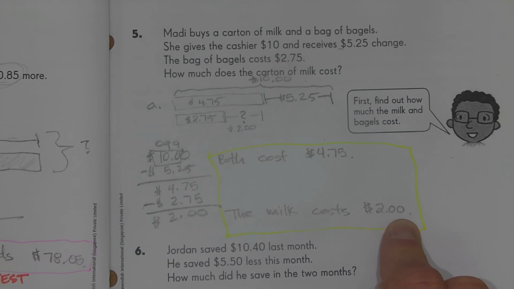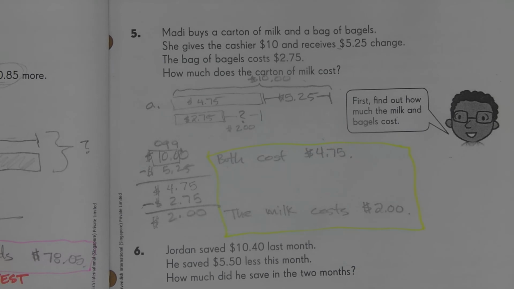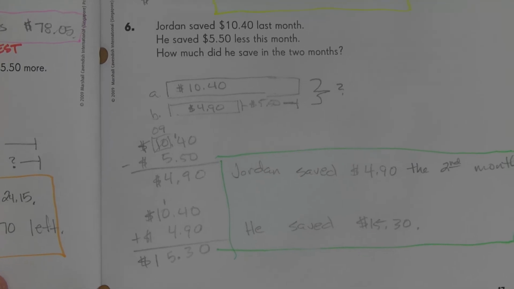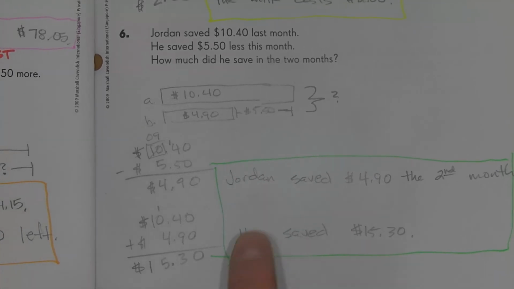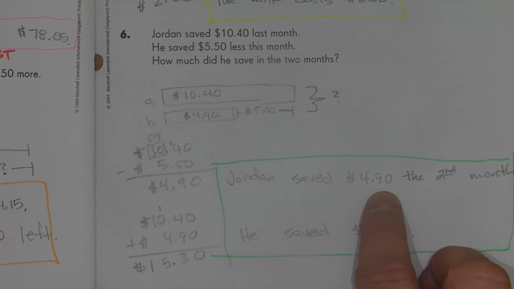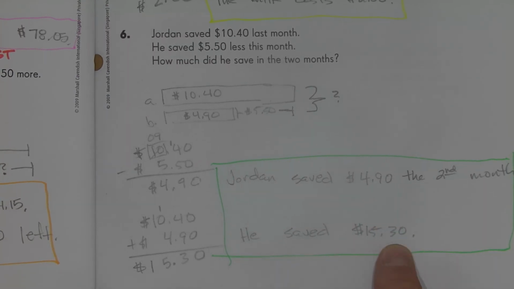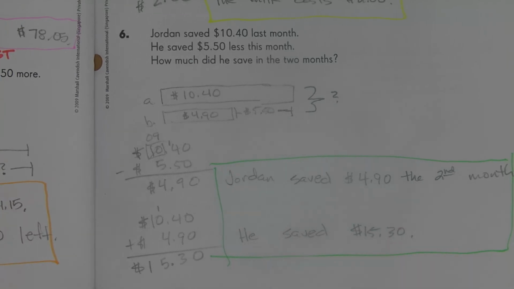There's your answer for number 5. Take a look at how I did it if you need to, and come see me if you need help. Finally, number 6. Jordan saved $4.90 the second month. He saved a total of $15.30 between the 2 months. Here are your answers for 4, 5, and 6.